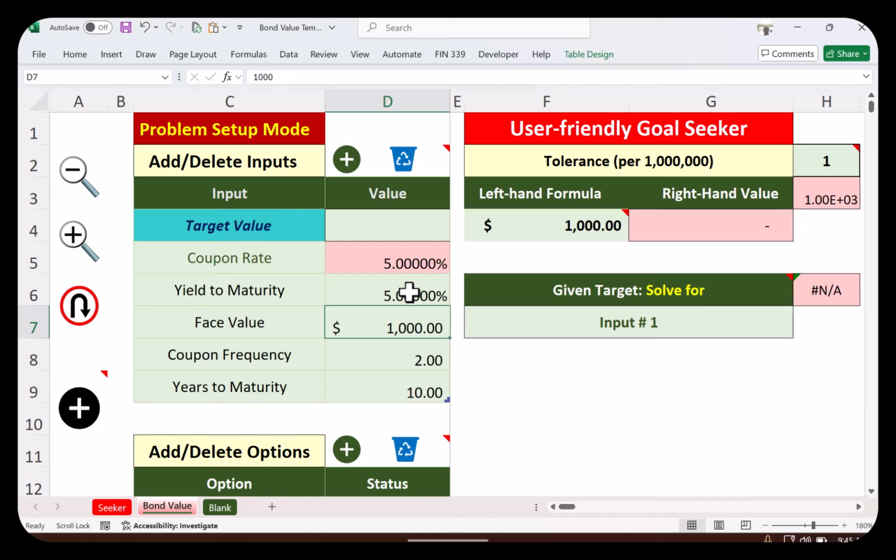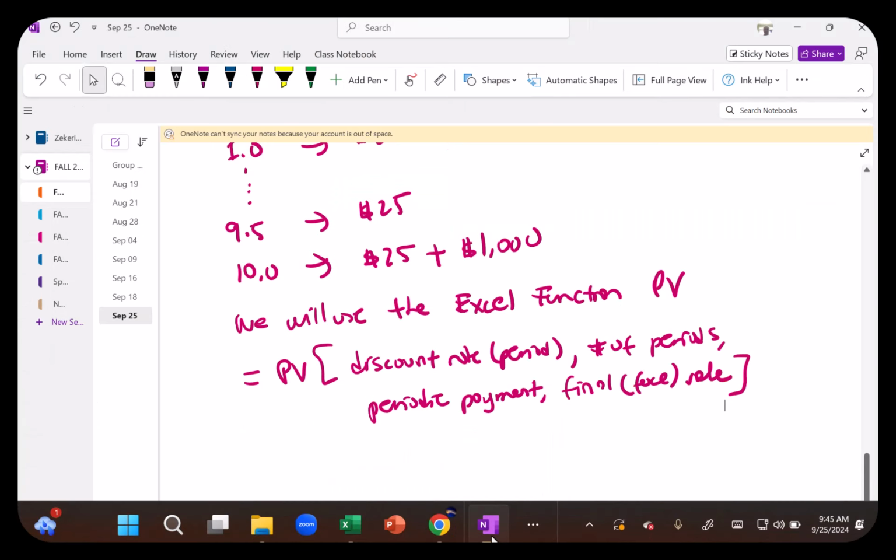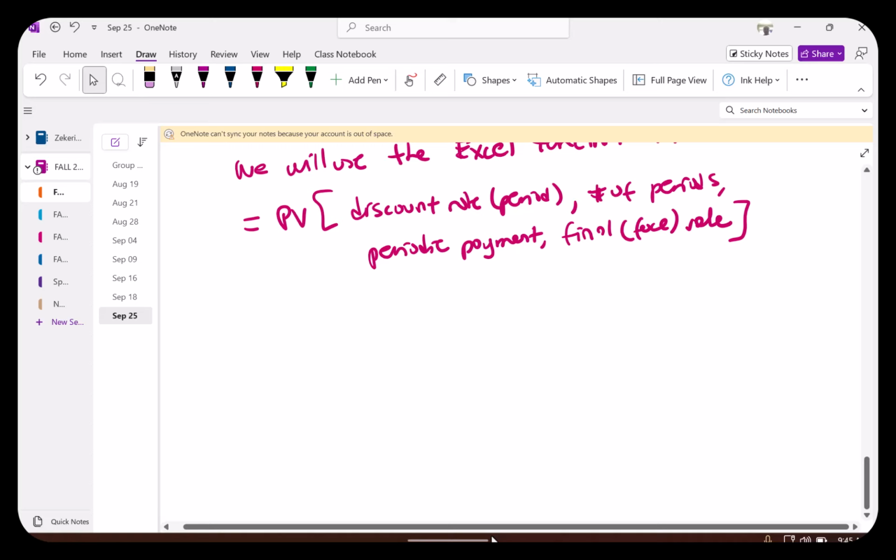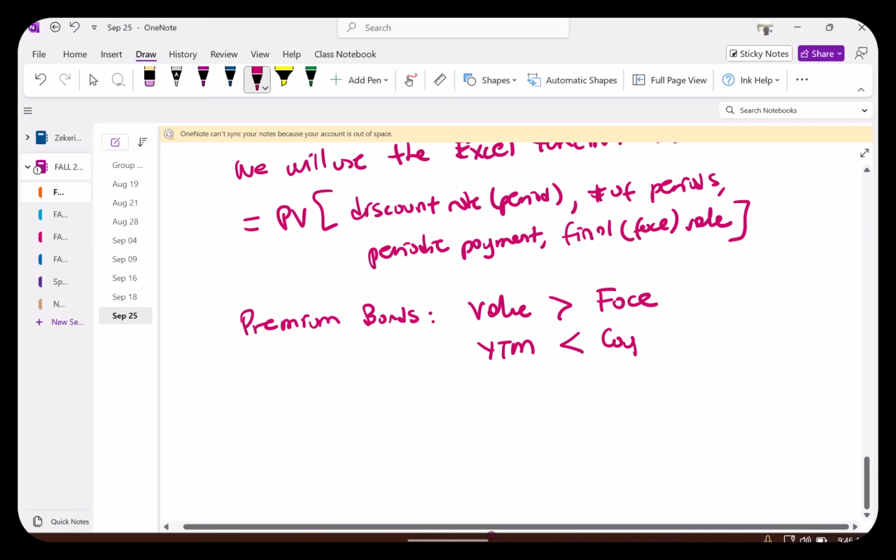It is discount when it is above, and it is par when they are the same. In fact, we can write the following. And YTM is less than coupon rate. Premium or discount. Okay.